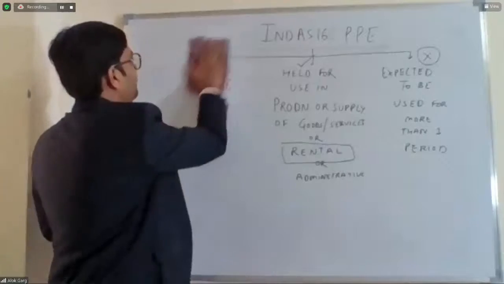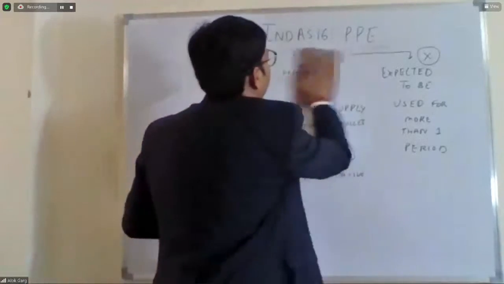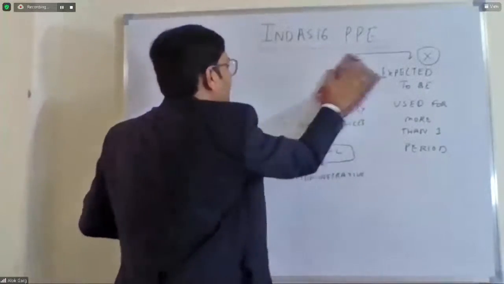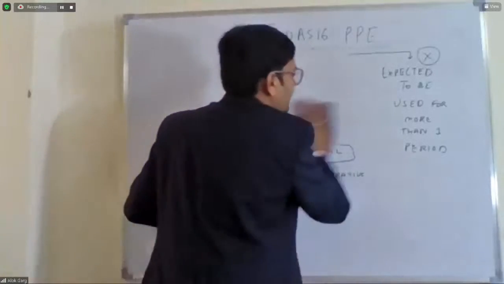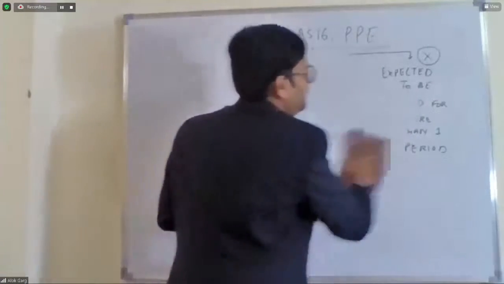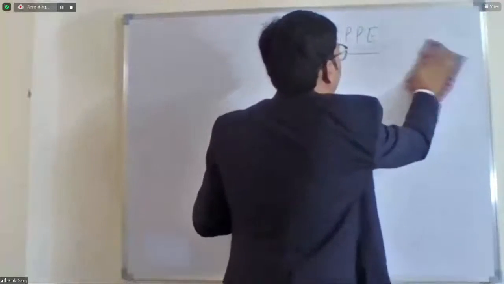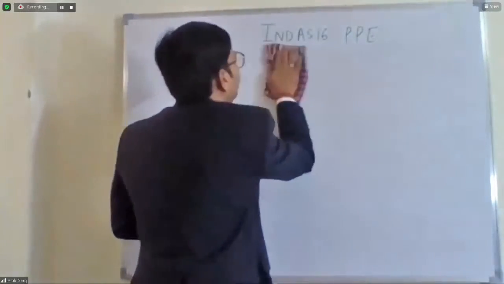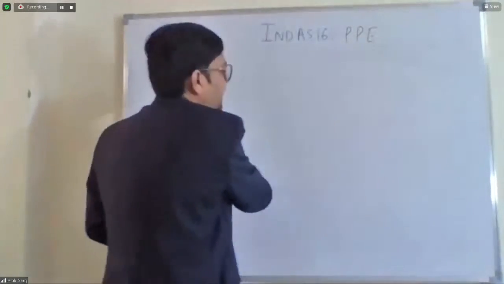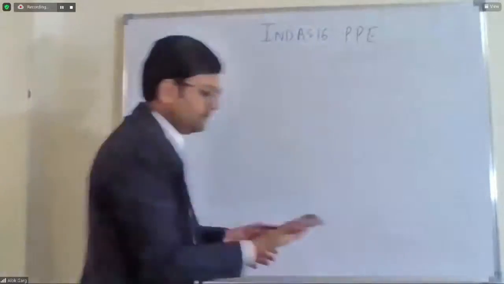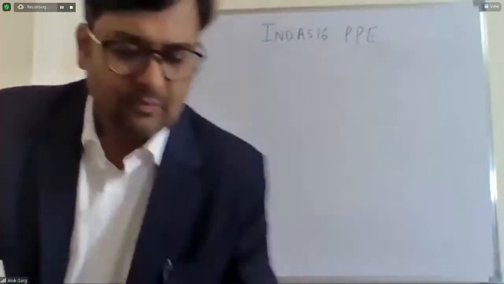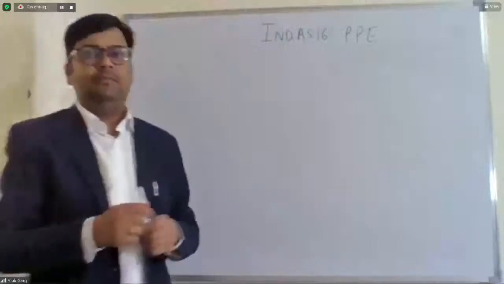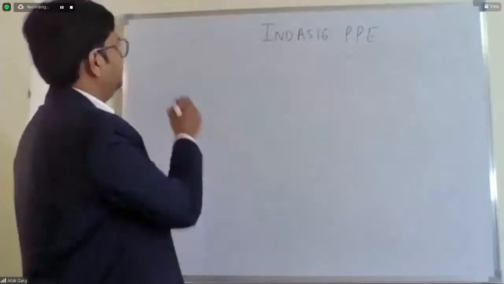Great. So now I'm moving on to the recognition criteria. Can anyone help me in understanding, sir, when an item is recognized as a property, plant and equipment? I'll give you 3 examples. Example number 1.